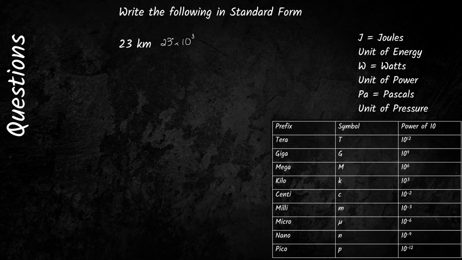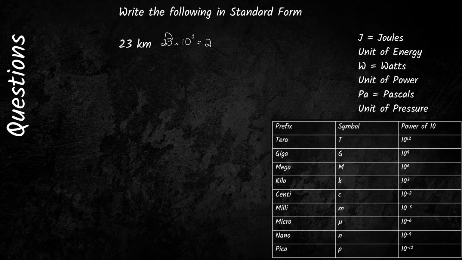To convert it into standard form, you move one decimal place to the left. The number of decimal places you move to the left, you add that many powers to 10. Because we moved one decimal place to the left, we are going to add 1 to the power of 10.